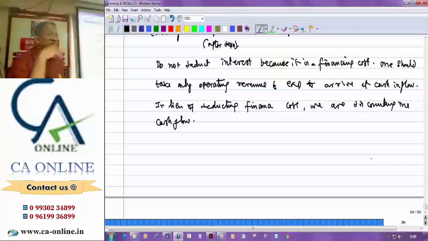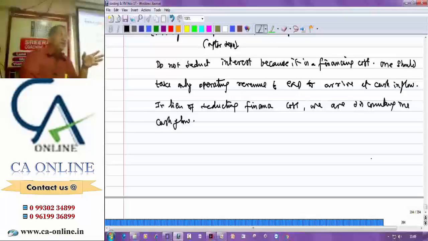So the cash flow in your computation in capital budgeting should be a number before deducting interest, and discounting will be considered as deducting. On a figure before deducting interest, when you discount, it amounts to deducting interest. On PBIT, you should not deduct interest.